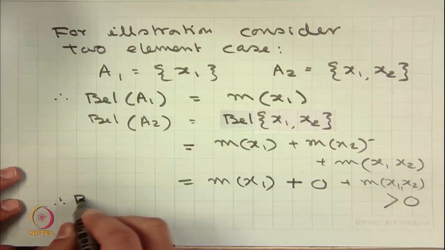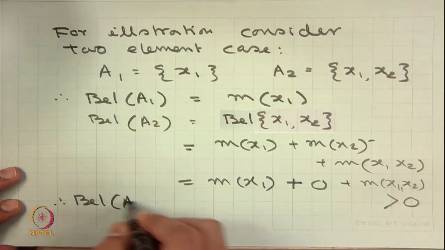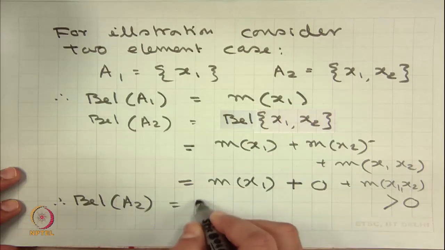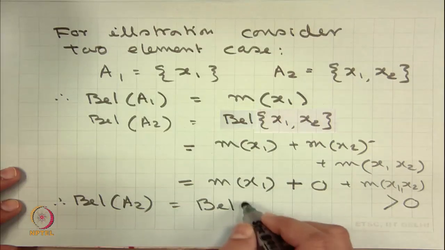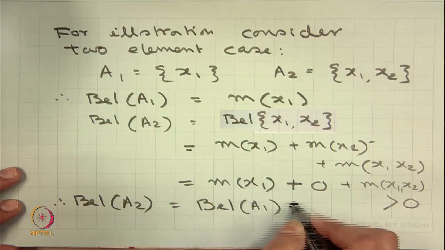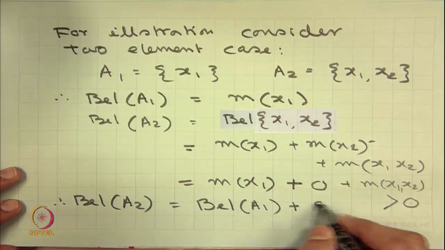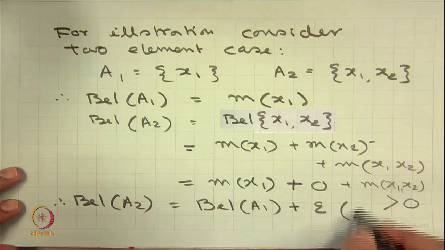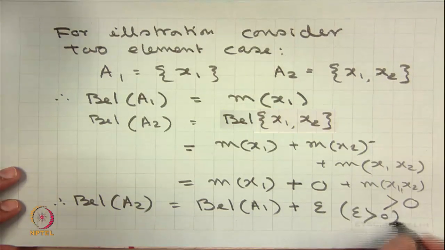Therefore, belief of A2 is equal to belief of A1 plus some epsilon where epsilon is greater than 0.